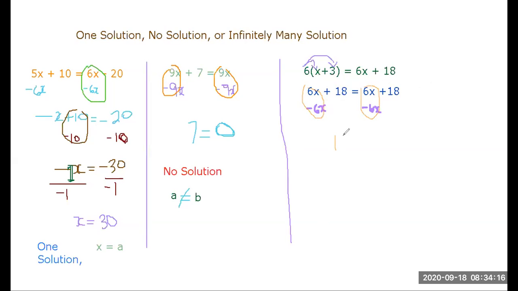I'm left with 18 is equal to 18. Both numbers are equal to each other. Because of that, the equation we started with has infinitely many solutions.